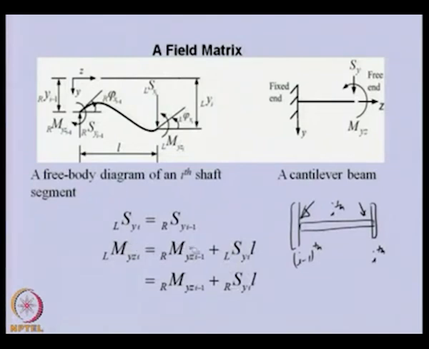So you can see that now we have represented the field variables. Here all are on the left side and here all are on the right side of the ith disk. Now we want to relate the displacements.